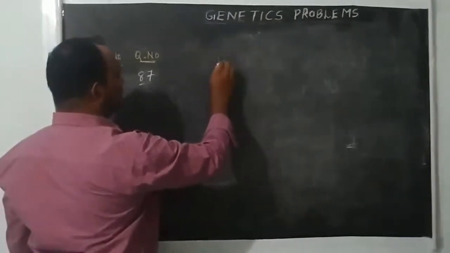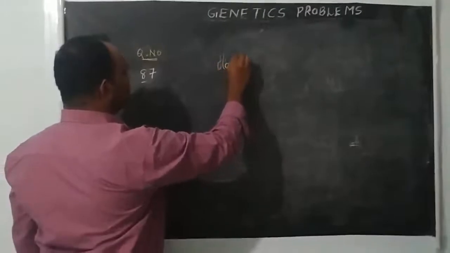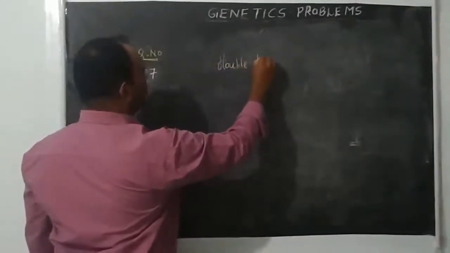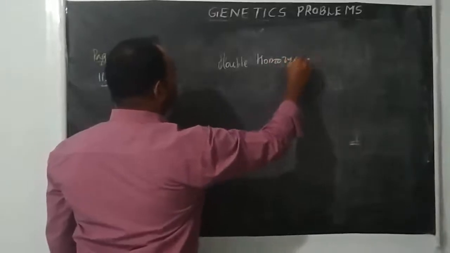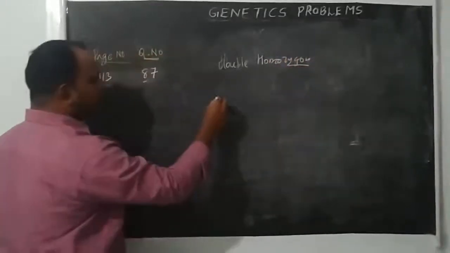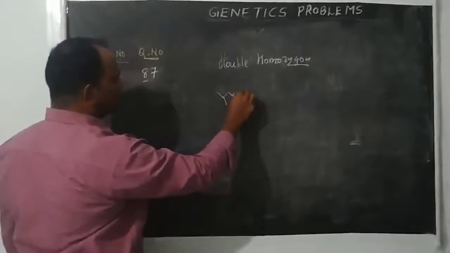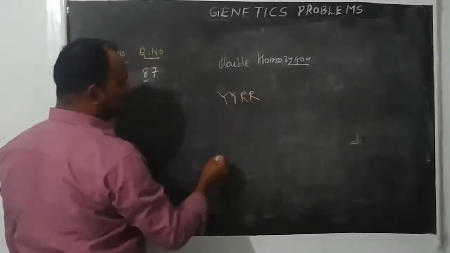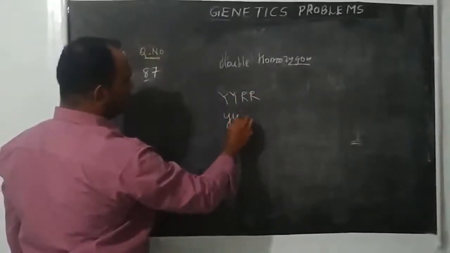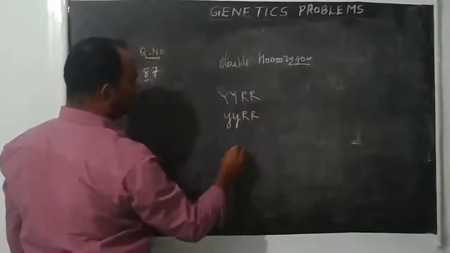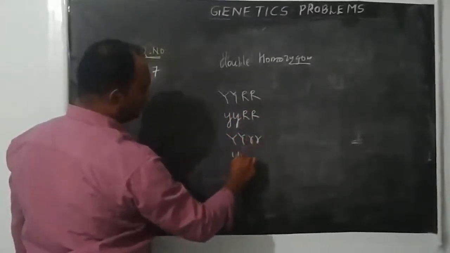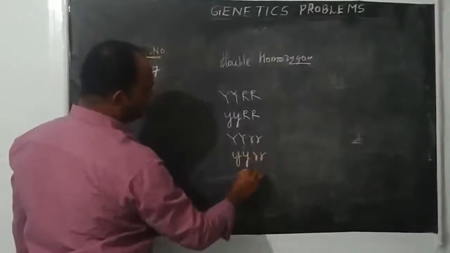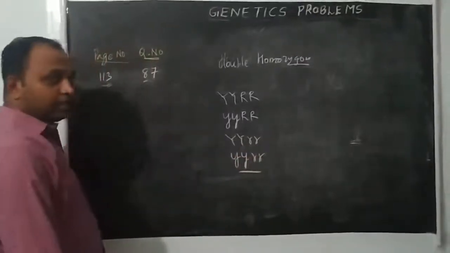So double homozygous: either capital Y capital Y capital R capital R, or small y small y capital R capital R, or capital Y capital Y small r small r, or small y small y small r small r. These are homozygous for both characters.